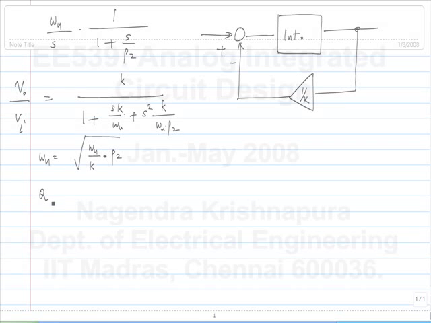And the quality factor, I should use omega p here, and the quality factor is the square root of the ratio of the bandwidth without the second pole to the second pole, okay? Or alternatively, the damping factor is 1 over 2 qp, right?